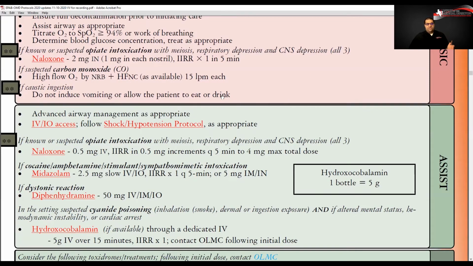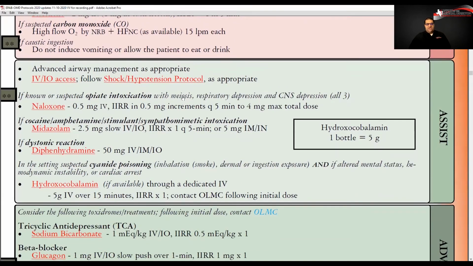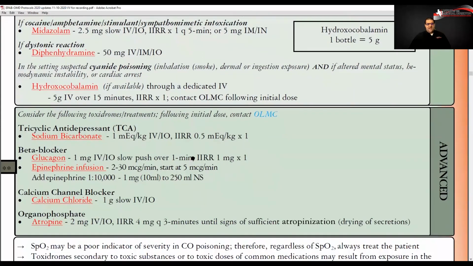Sometimes they get advice from other people to induce their vomiting to get rid of caustic substances like bleach or acids, so try and avoid that. Again, the conversation of the indications for naloxone at the assist level. And then lastly, that 5 microgram per minute starting dose of epinephrine for your beta blocker overdoses as well.